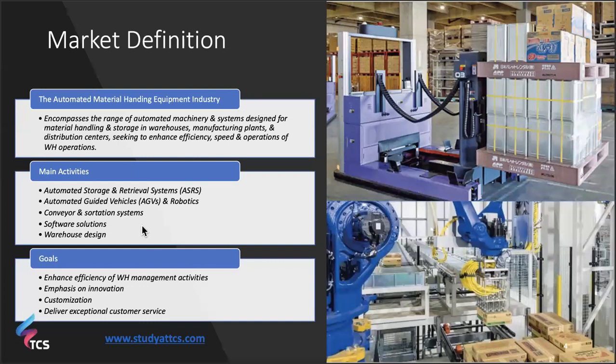And on top of that, in order to ensure that these AGVs, robots, and ASRSs work without any hiccups, software solutions are needed. And these companies which manufacture these type of automated vehicles, storage systems, as well as information systems are also involved with warehouse design related activities.